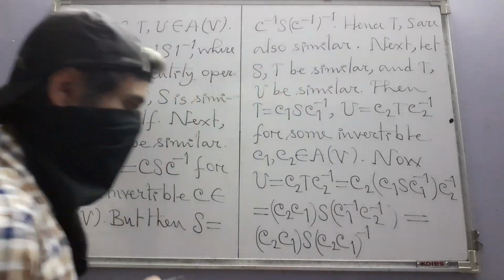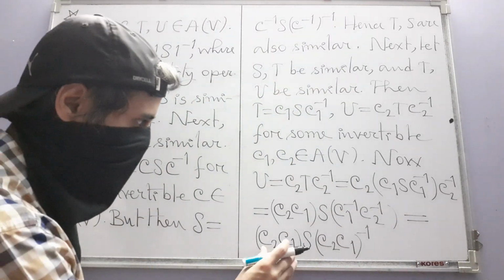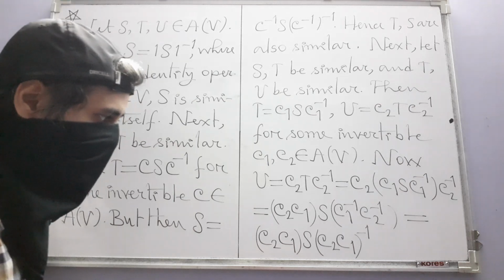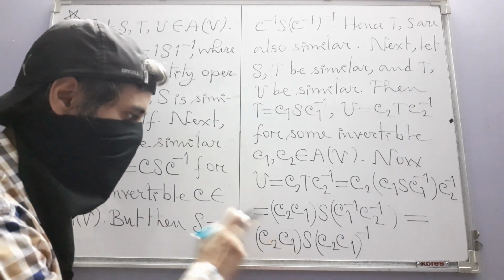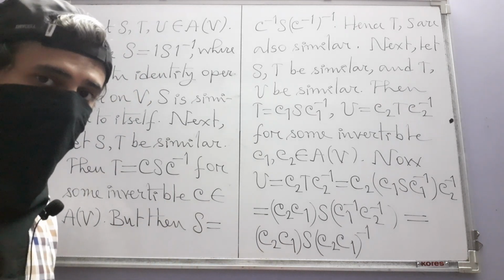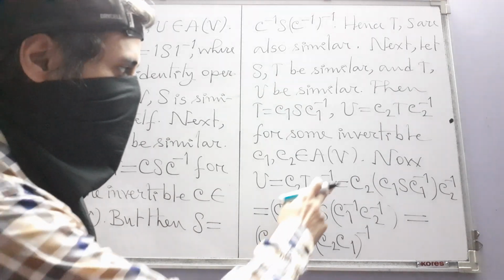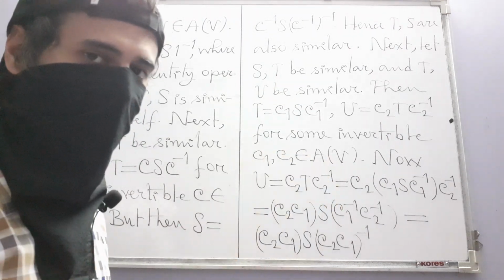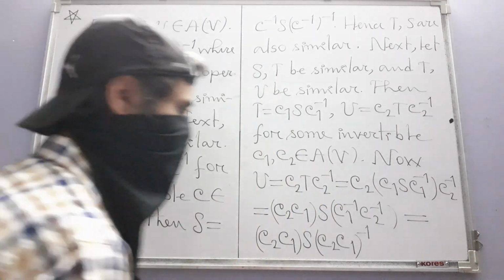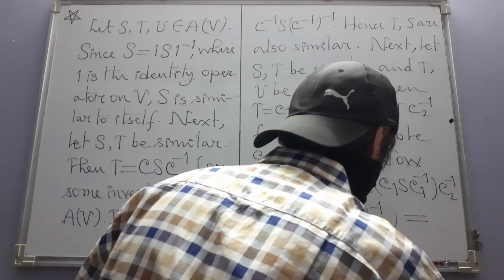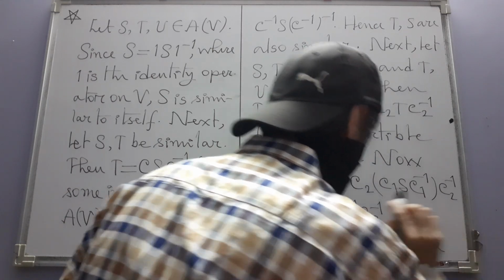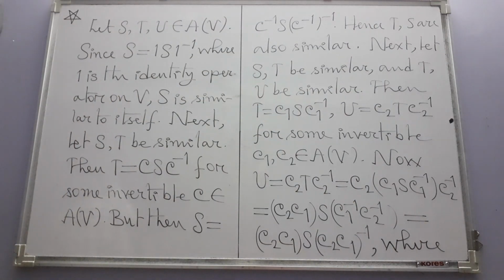Okay, so we now have this where, of course, because C1 and C2 are invertible elements, so is C2 C1. Again, because of the fact that the invertible elements form a group under multiplication in this algebra, where you can mention that fact, C2 C1 in A of V is invertible.